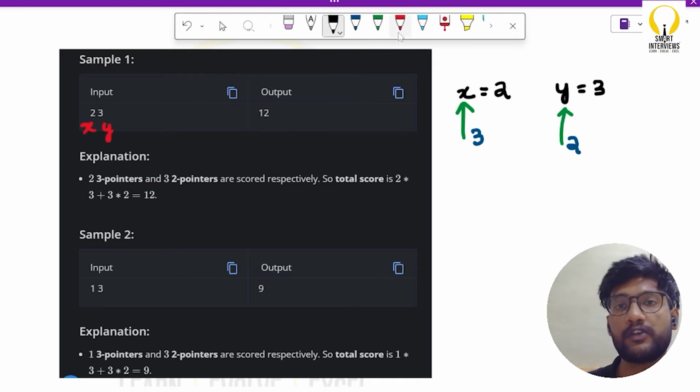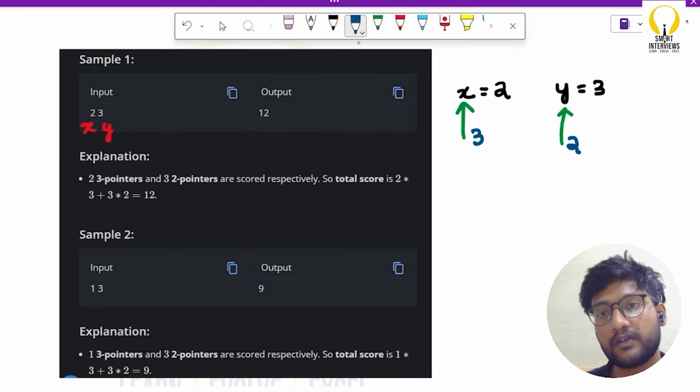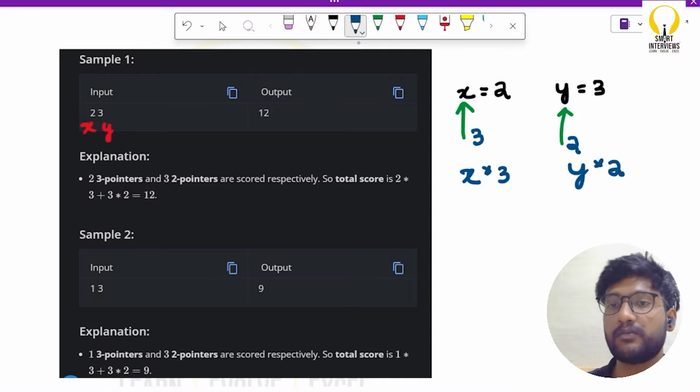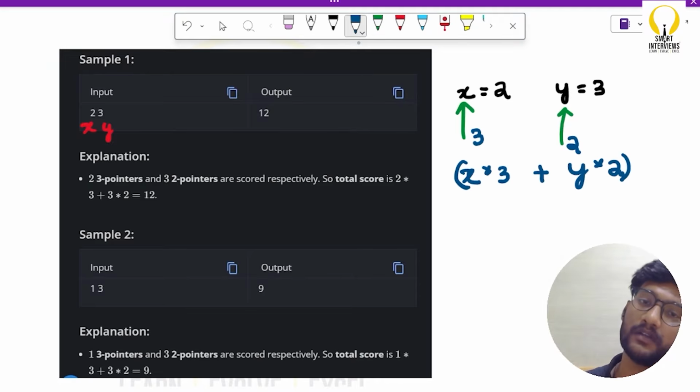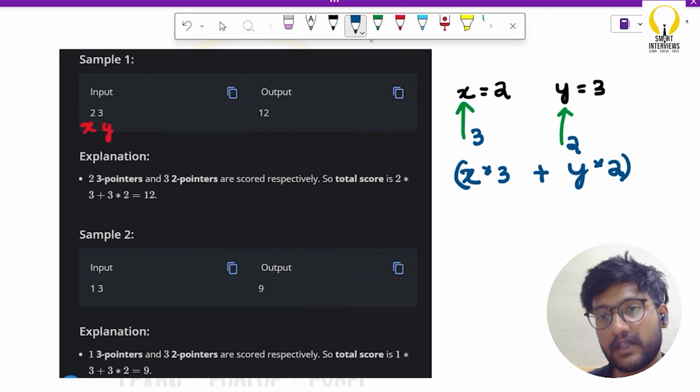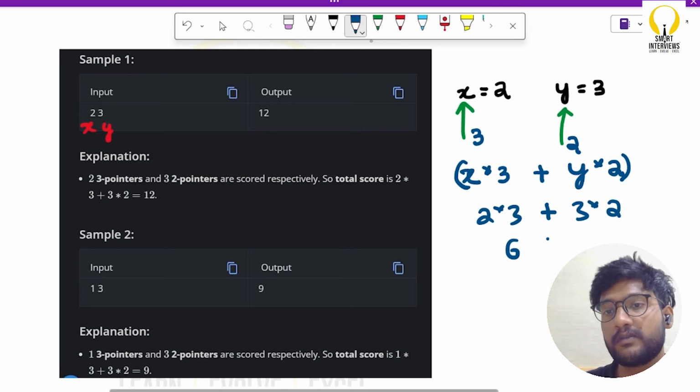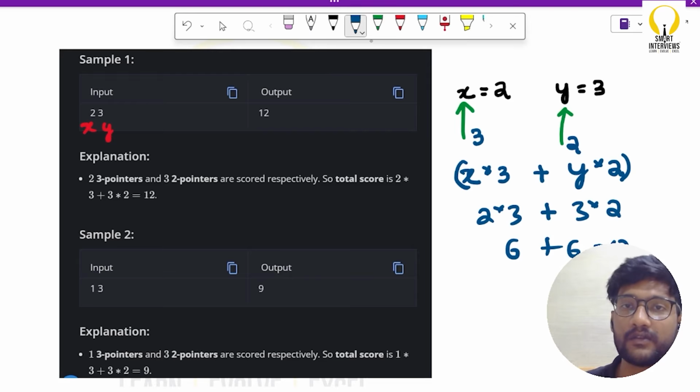So what you will do is simply do x into 3 and y into 2, and you'll get both values, and you can simply add them to get your output. For the current example, your value is 2 into 3 plus 3 into 2, so 6 plus 6, 12, and this will be your output.